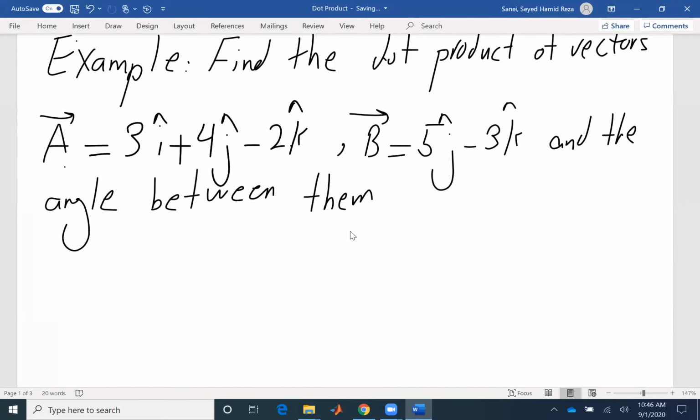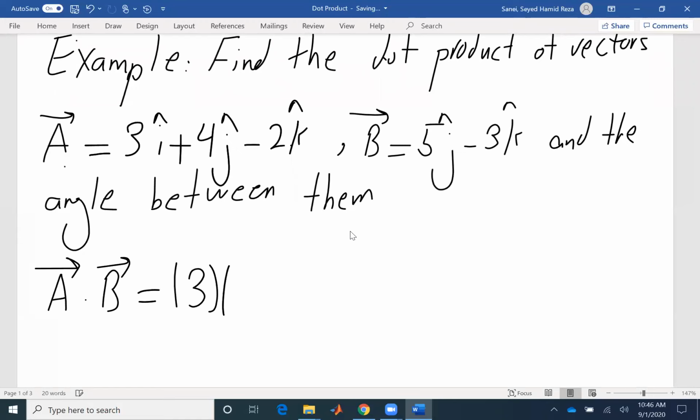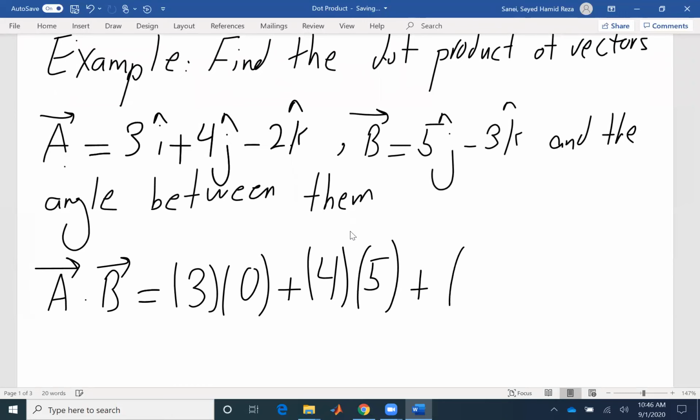So a dot product, based on definition, A dot B would be the first component 3. Here we don't have any I component, so that would be 0. Plus 4, that's the second component, times 5. Plus the third component of vector A would be negative 2 times negative 3. Equal.